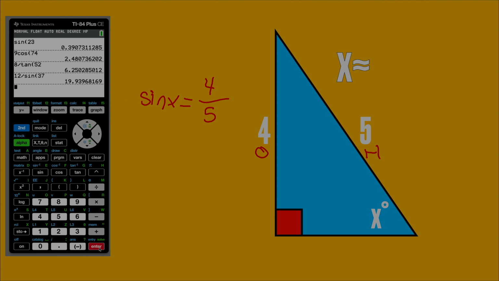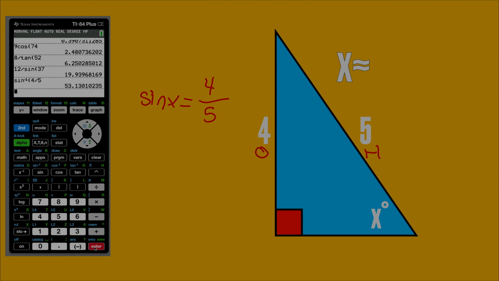Look right above sine, right above cosine, right above tangent. Do you see it? It has this inverse sine. Inverse sine is what we use whenever we are out to find the angle. So I write 4 over 5, and that means x is approximately 53 degrees.